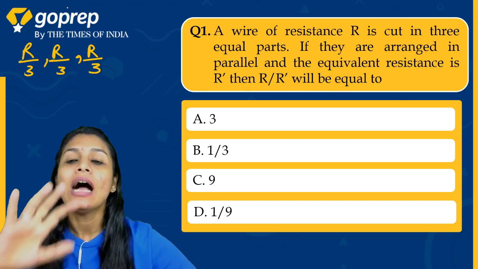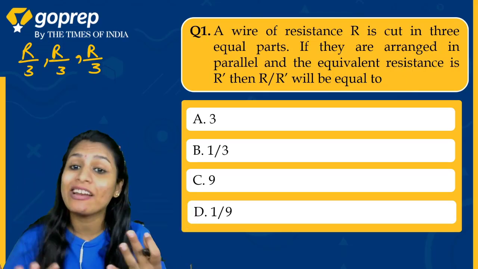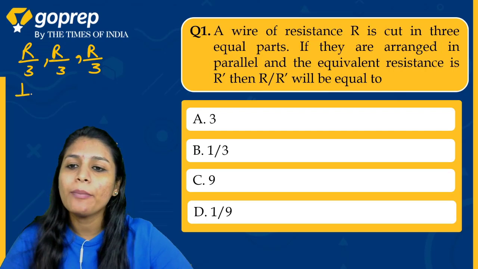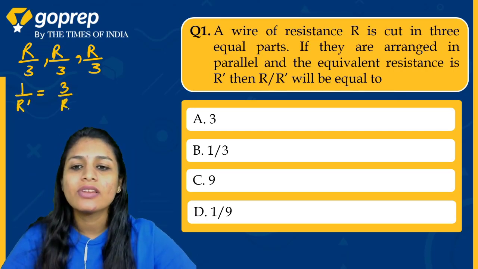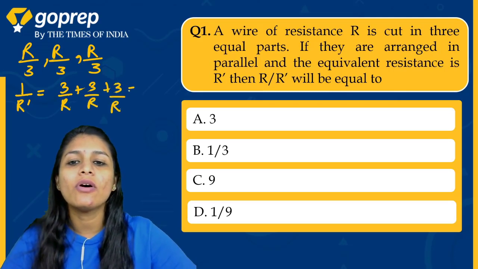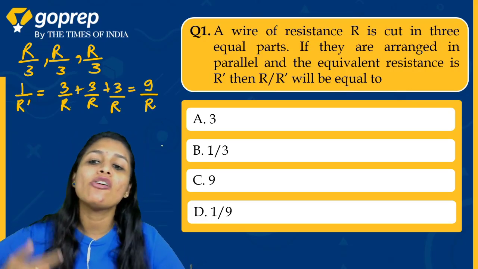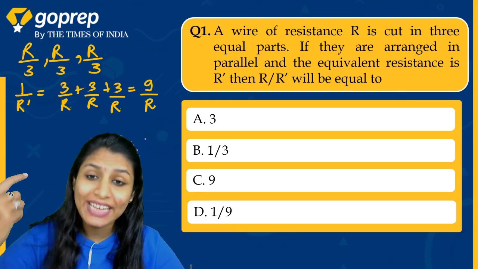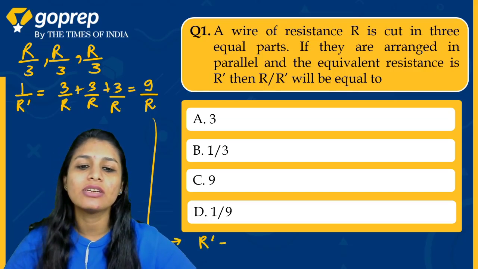Okay, let us see. अगर ये R by 3, R by 3, R by 3 तीन रेजिस्टेंस है और इन तीनों को हम पैरेलल में लगाते हैं तो 1 upon R dash is equal to, रेसिप्रोकल करना पड़ेगा, 3 by R, 3 by R, 3 by R. This will give you what? 9 upon R. 9 upon R is the value of 1 upon R dash. तो यहाँ से R dash की वैल्यू कितनी आएगी?